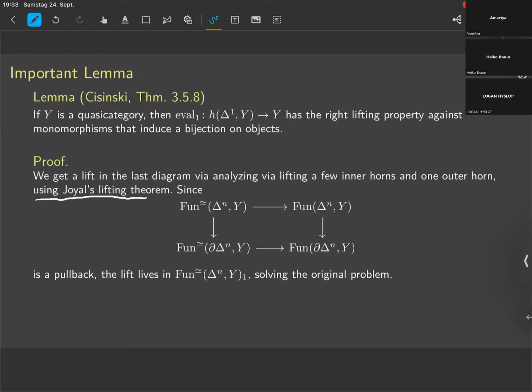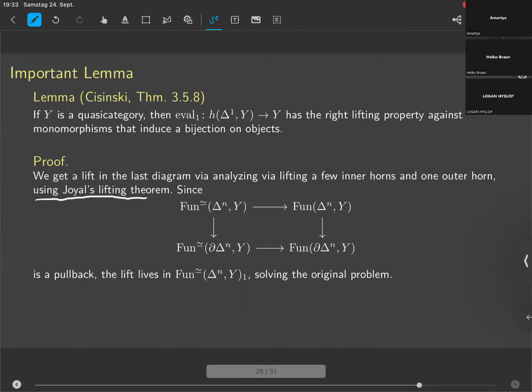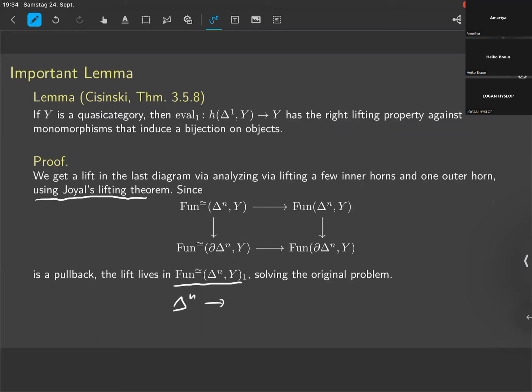And in the end, we need to see that this lift should correspond to something that goes through here. And for this, it suffices to see that the lift lives here, because the one simplices of this object-wise transformation category are exactly the maps delta n to H delta 1 y.